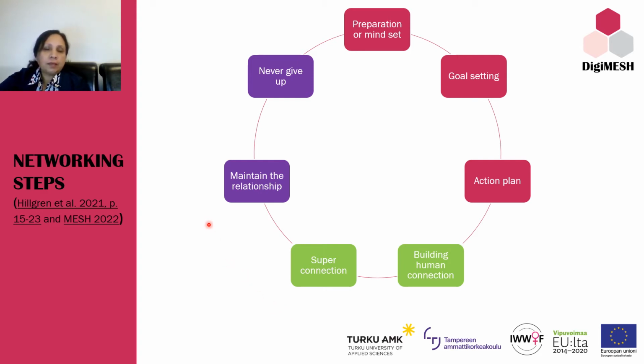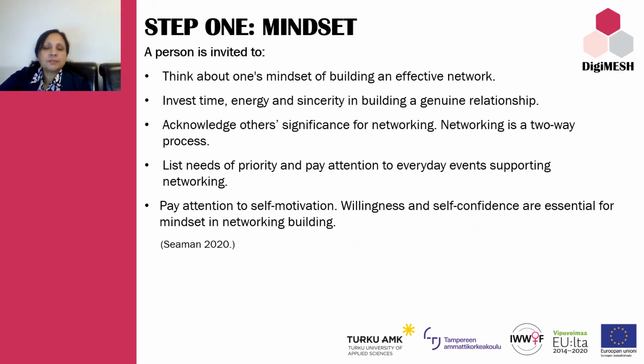And then steps 6 and 7, maintaining the relationships and never give up, are related to maintaining the networking. All steps are important and easy to follow. So what is the first step?